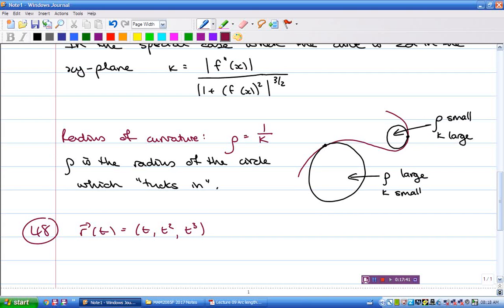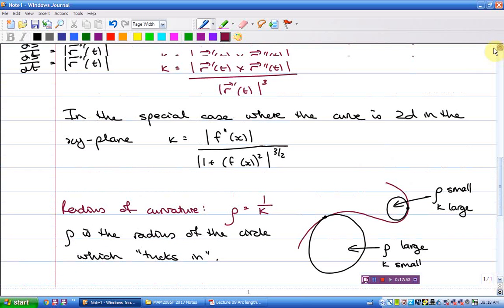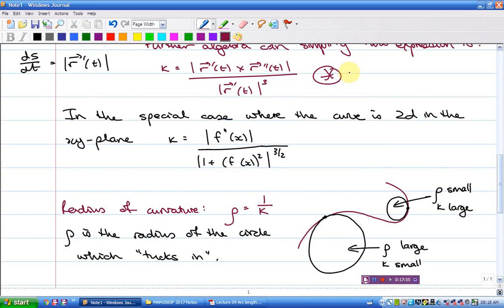So we're going to be finding two different kappas, one full of t's and one a specific number. And then it also asks what's the radius of curvature. Okay, cool. So let's work it out using the best of all three formulas, which is this one over here. This is the best one to use.